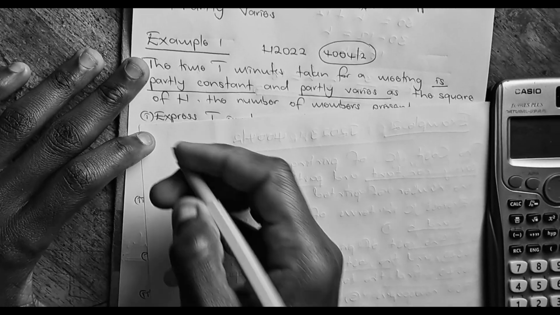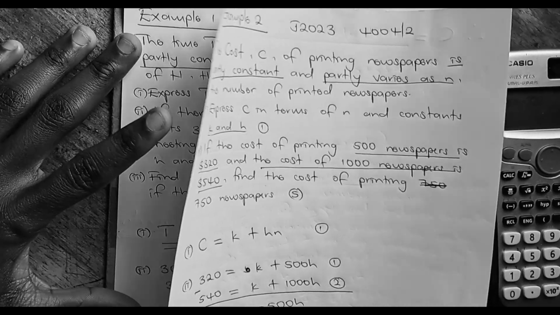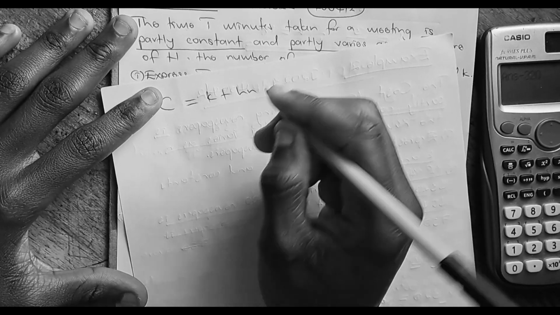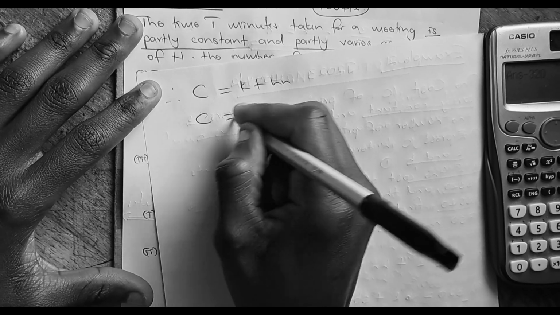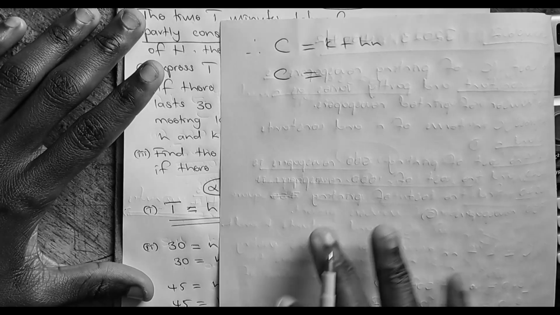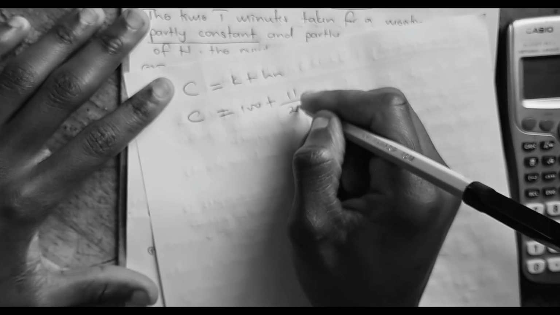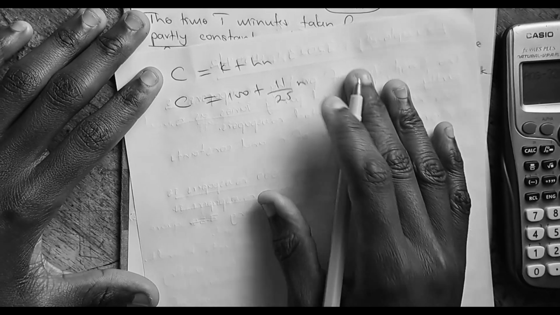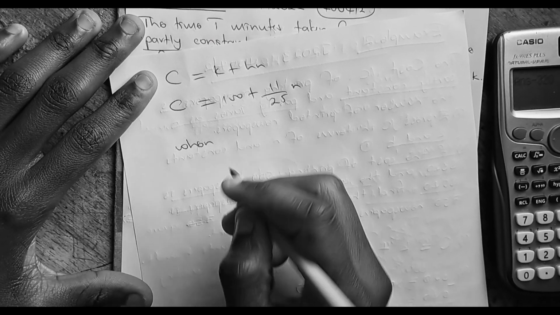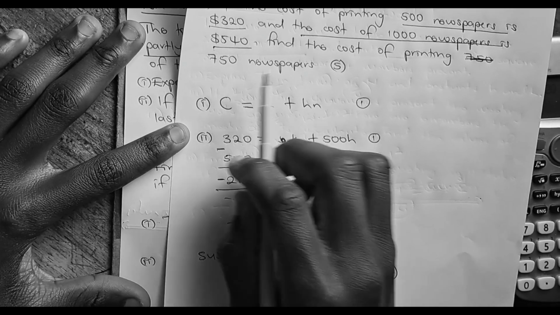Therefore, C is equal to k plus hn. Then C is equal to, what is k? k is 100, plus h, which is 11 over 25, times n. But then you are given that n is equal to 750, because we want to find the cost of printing 750 newspapers.